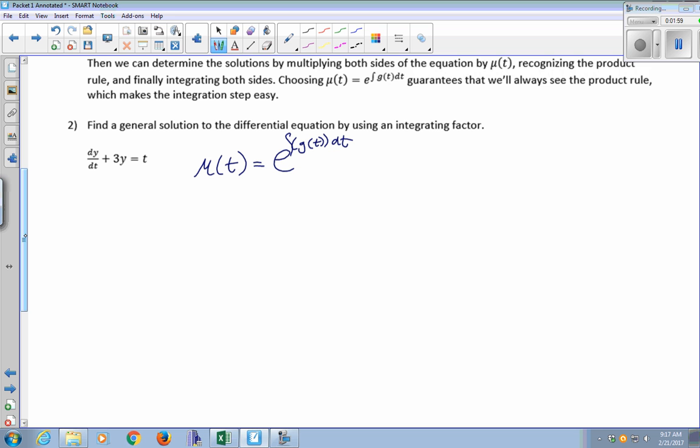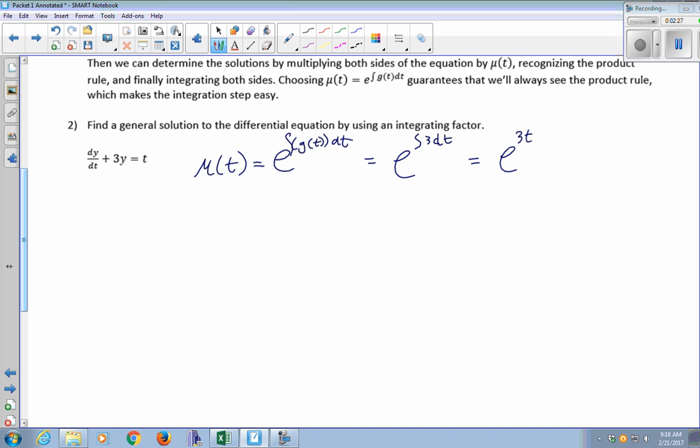In this case, what's g of t? 3. So this is pretty simple: e to the integral of 3 dt. What's the antiderivative of 3? 3t. I'm not going to write plus c because I only need one integrating factor for mu of t, so I'll just choose c to be 0.